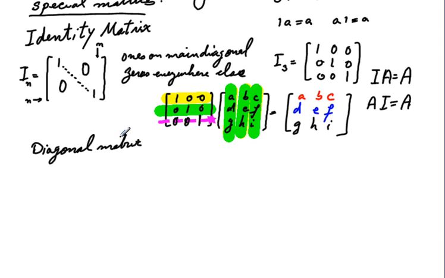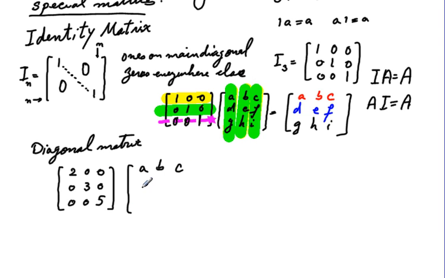A diagonal matrix has the same zero structure as the identity, except that now on the diagonal we could have any number, not necessarily just a bunch of ones. So an example of a diagonal matrix could be like the following: 2, 3, 5, multiplied with A, B, C, D, E, F, G, H, I.